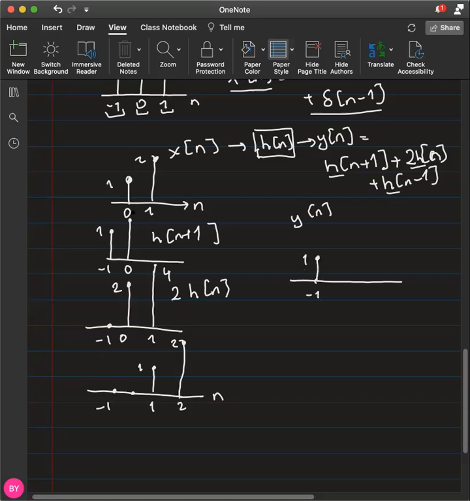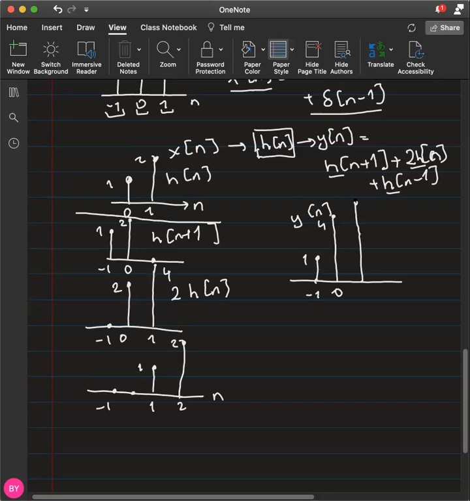How about 0? I'm not looking at this h of n anymore. This was h of n. Now I'm working on these three things. At 0, I have 2, again 2, and 0, which means 4. Okay, this is 4 at 0. How about 1? Nothing here, 4 here, 1 here, totally 5.